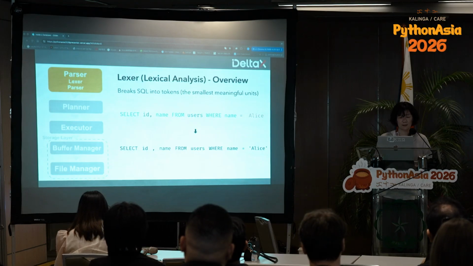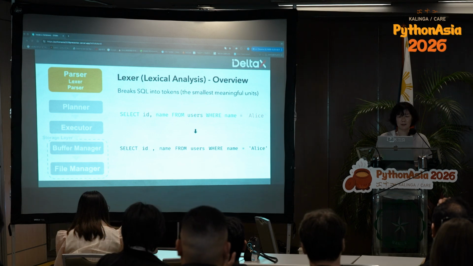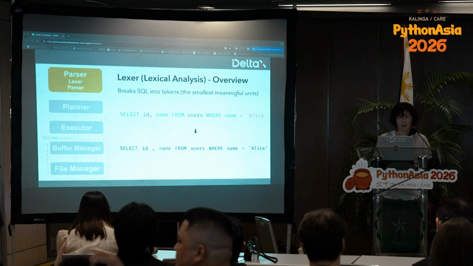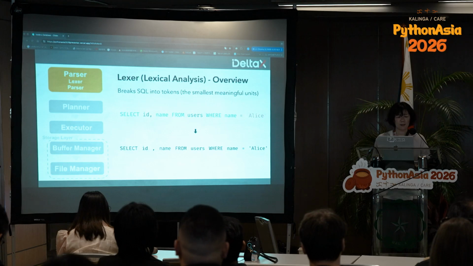First, the lexer. The lexer breaks the SQL into tokens, the smallest meaningful units. It's like breaking a sentence into words before understanding it. Select, id, comma, name, from: each becomes a separate token.